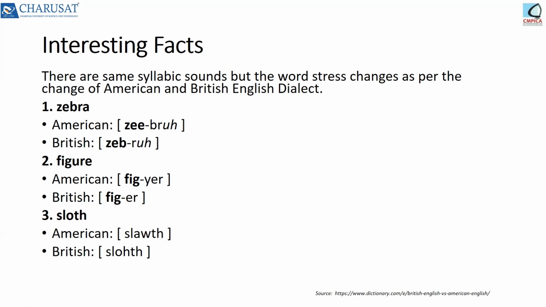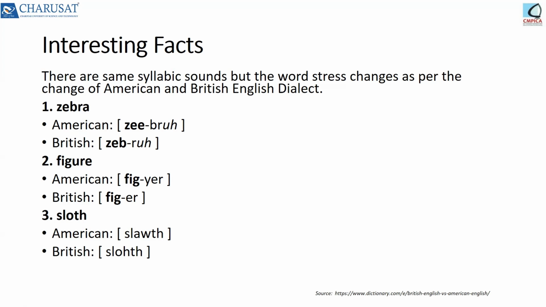And over here, if it is British, it is going to be zebra, right? So therefore, again, the way we are speaking, this pronunciation itself changes between American and British. But both of them have two syllables, and both of them, even in the first syllable itself, take the primary stress.